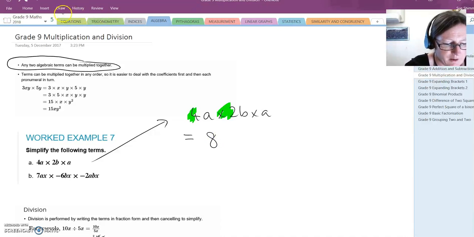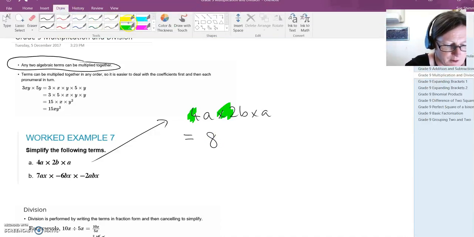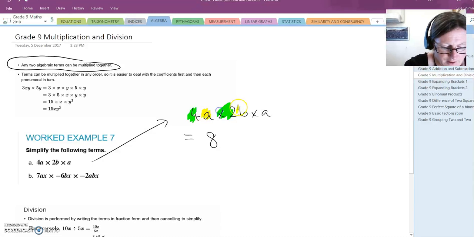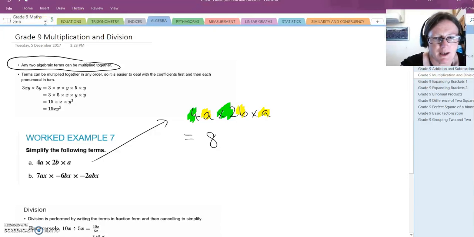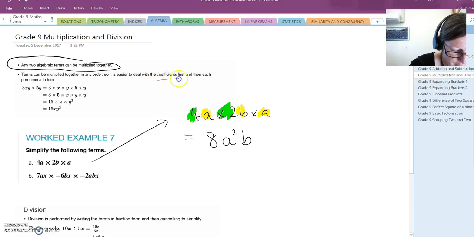Then I look at my pronumerals, and I've got here a, b, and an a. So if I multiply all those together, a times b gives me ab, and then times by another a gives me a squared b. So best to look at the coefficients first and then the pronumerals.